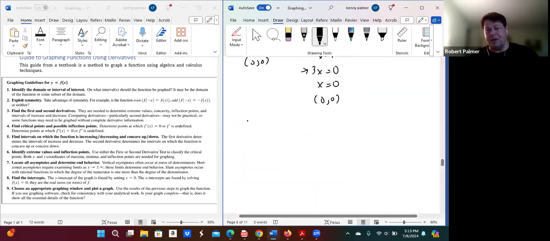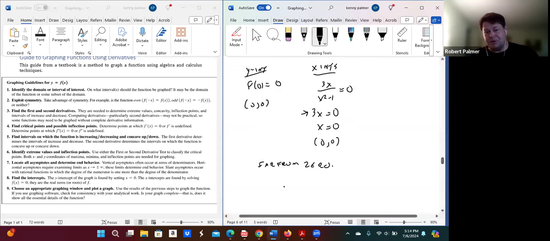Let's think about our long-term behavior. Or let's think about, of course, we know about asymptotes. Think about far from 0. Okay. Now, if you notice, once again, our function, let's write it one more time.